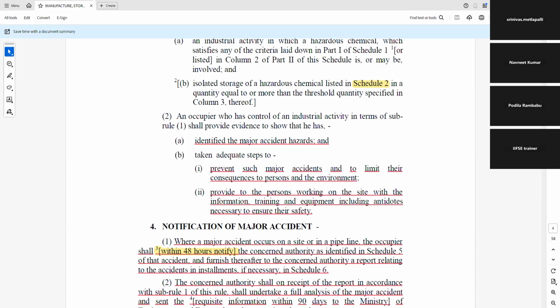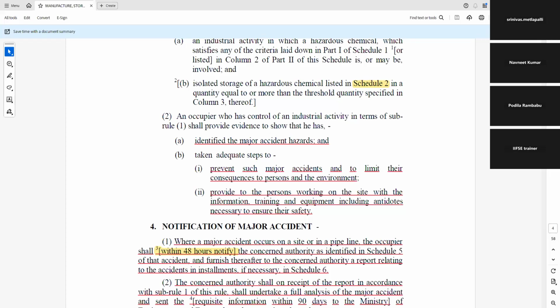It is simple: he has to identify the potential hazards and potential emergency situations associated with the activities happening at that specific site, implement preventive measures, and also inform and train people, including equipment to handle such emergencies.